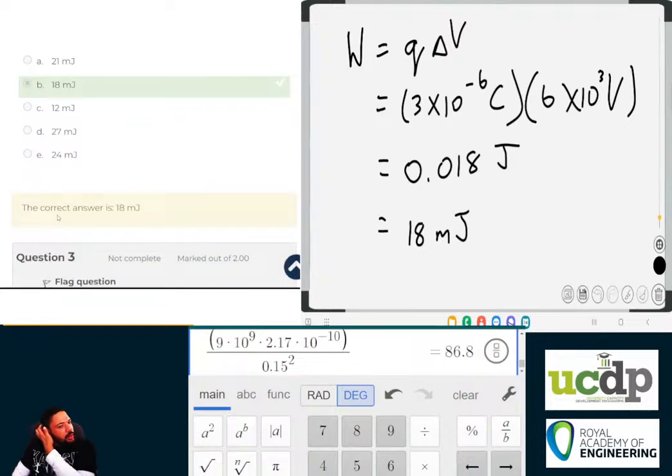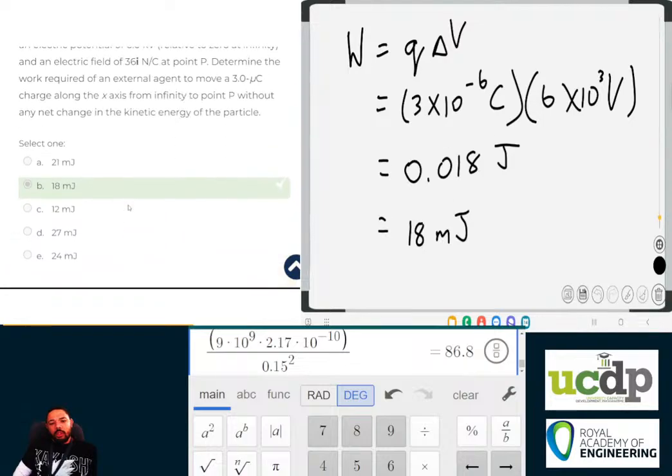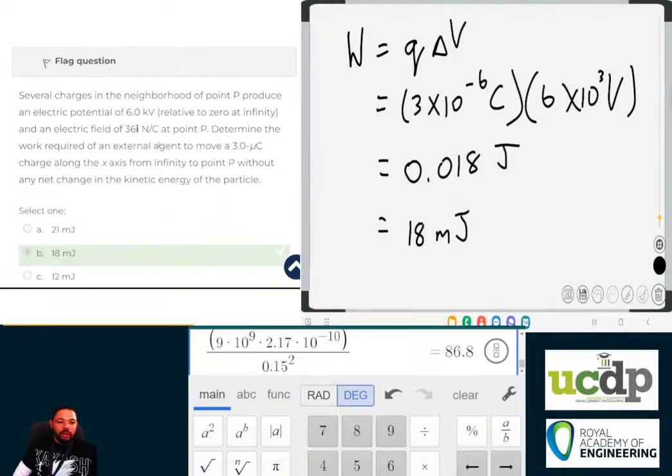Okay, and that, ladies and gentlemen, is how this problem was done. All you have to do is to calculate the work. The problem was to determine the work, and we know that there is a formula for the work. This is for question 2, by the way. I forgot to write that down. The formula for the work is the charge multiplied by the change in the electric potential.